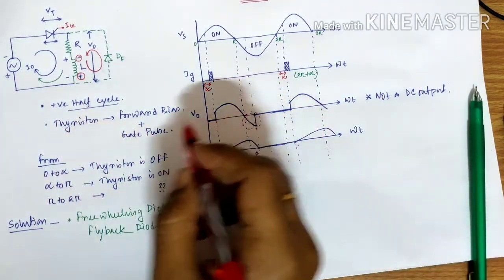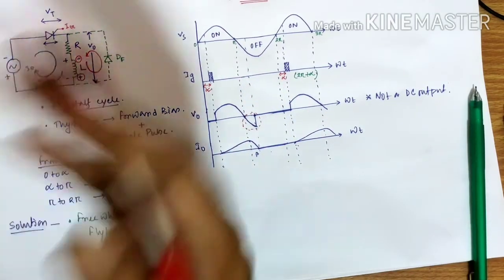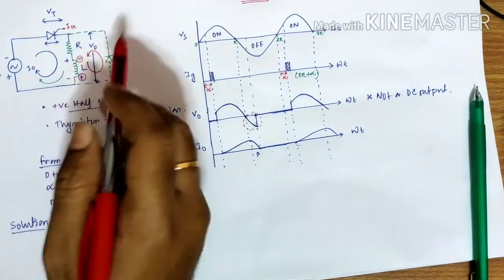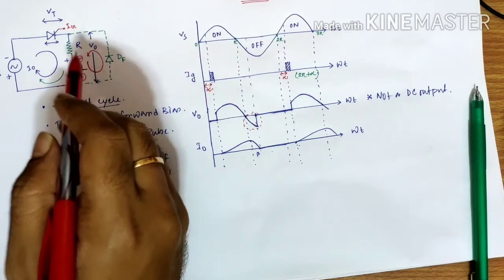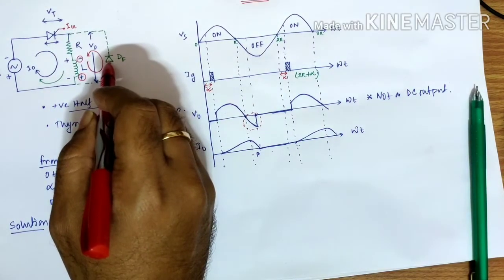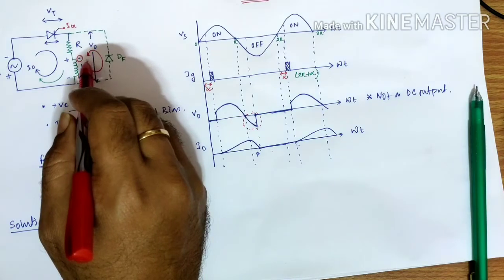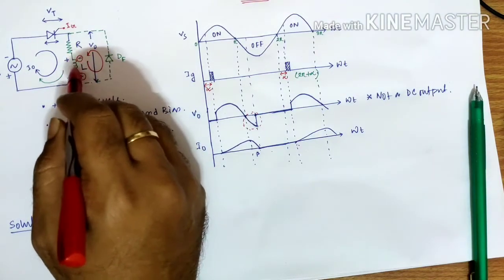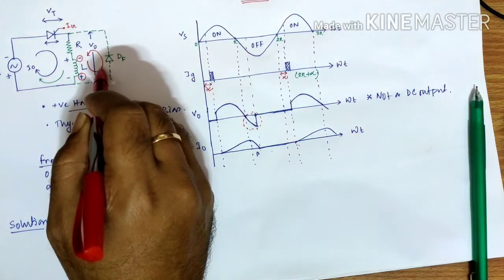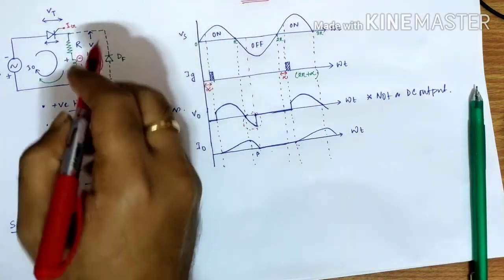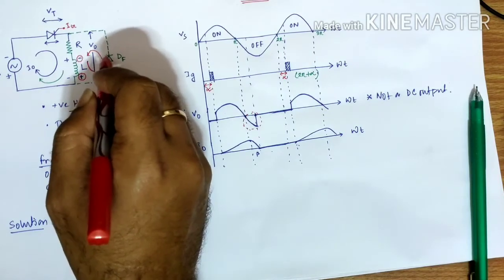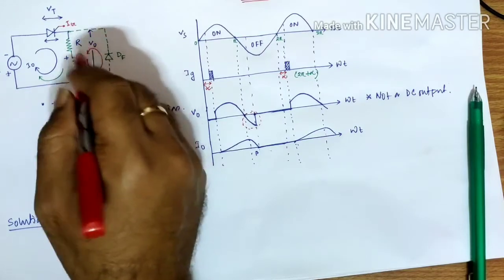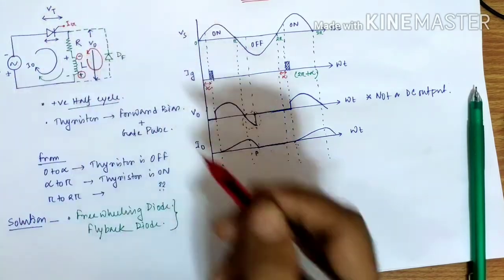That means whatever potential or EMF it has gathered during the positive half cycle will be eliminated via this diode rapidly. The energy stored within this inductor will vanish by discharging through this diode. That is why this arrangement is called a freewheeling diode or flyback diode.